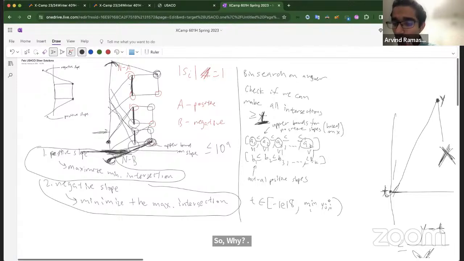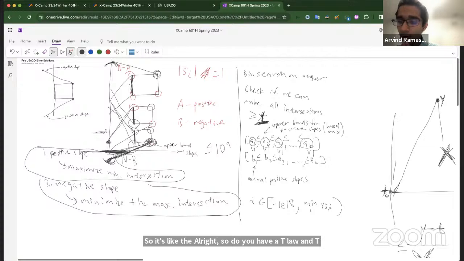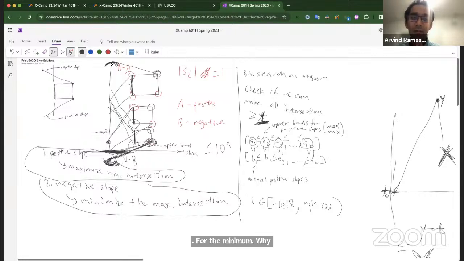So do you have a t lower and t upper, which are the lower and upper bounds of the cal positions? Yes, you have t lower, which is the lower bound for the minimum y, and t upper, which is the upper bound for the maximum y.